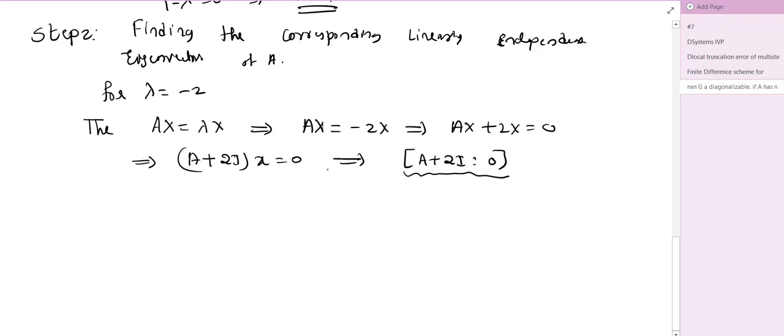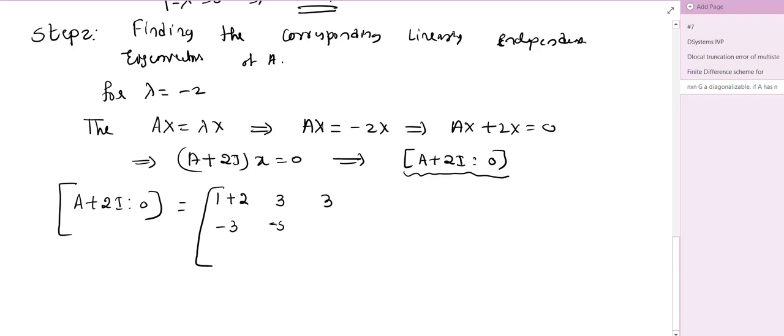So now let me consider A plus 2I, that is A plus 2I augmenting with 0. This is nothing but you have your A, that is 1. I'm just adding the diagonal entry as 2, so it will become 1 plus 2. Then you have 3 here, minus 3, then minus 5 plus 2, then minus 3.